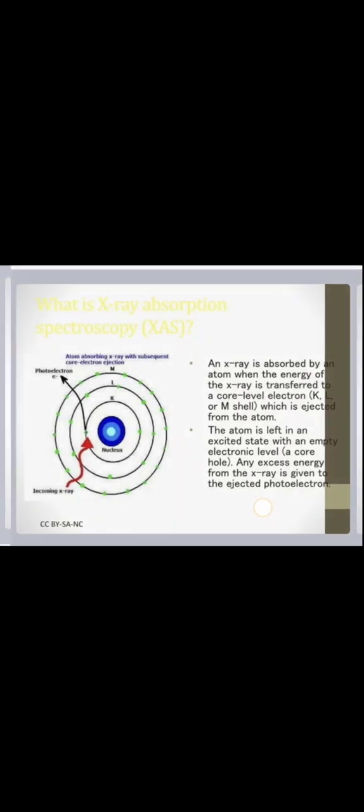Now let us consider X-ray absorption spectroscopy, XAS. What is meant by XAS? X-ray absorption spectroscopy. Now let us consider how it works. The source of XAS is X-rays, which are passed through the atom and absorbed by it, and the energy of the X-ray is transferred to the core level electrons.